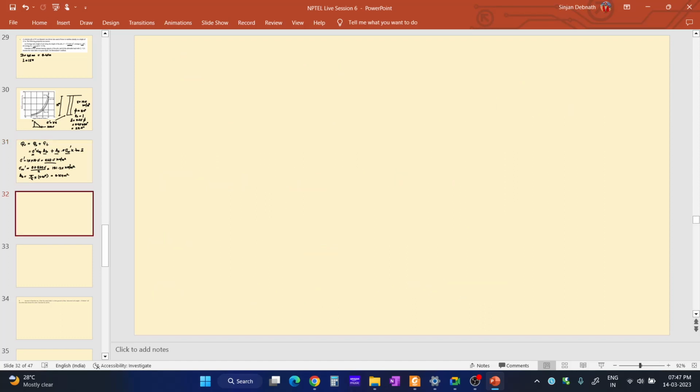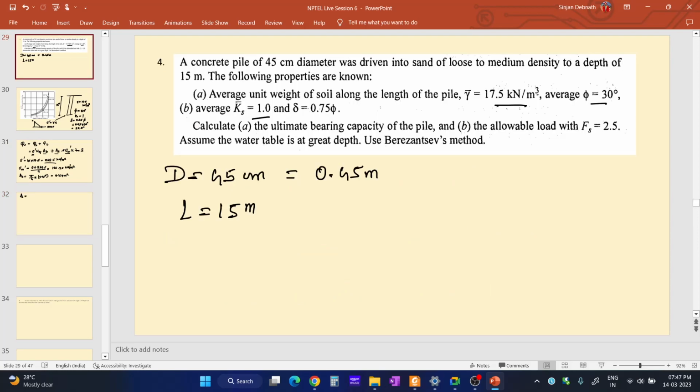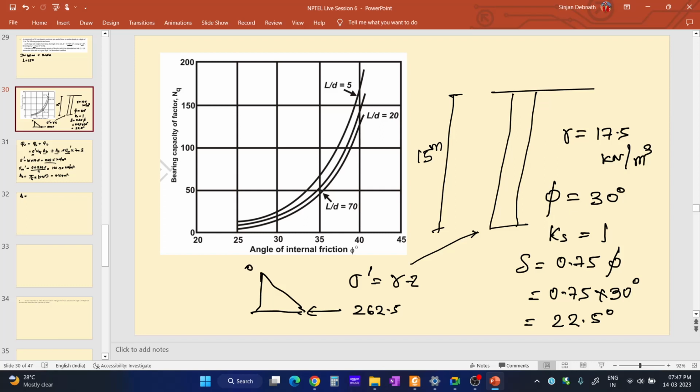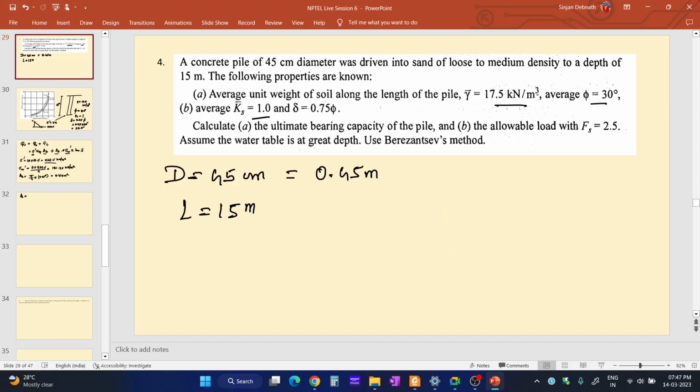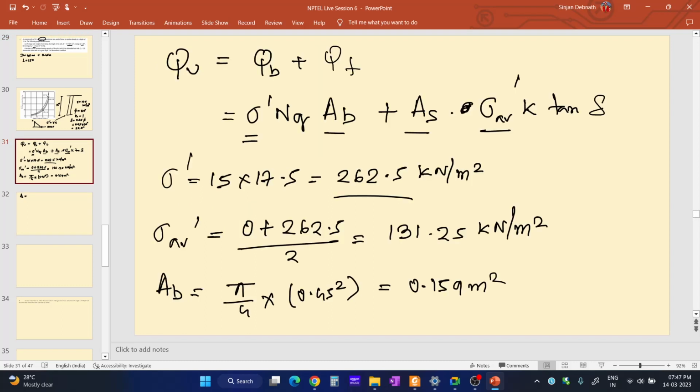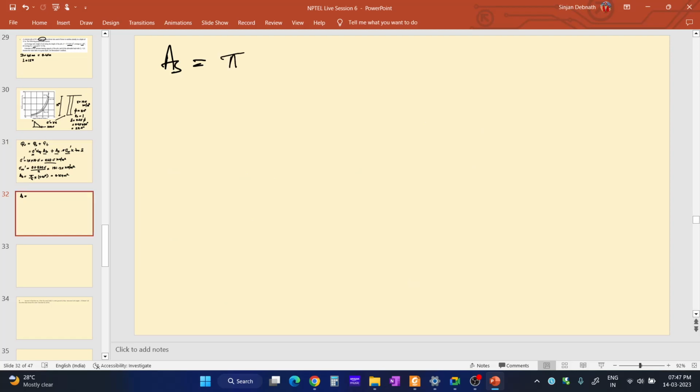And what is the surface area? That is AS. How much is AS? That is perimeter into length. How much is the perimeter? It is a circular pile, right? Because diameter is given, so it is a circular pile. So what is the perimeter? It is circumference, that is pi d. So perimeter into the length of the pile, that is pi into d into L. So AS is equal to pi into d into L, right?